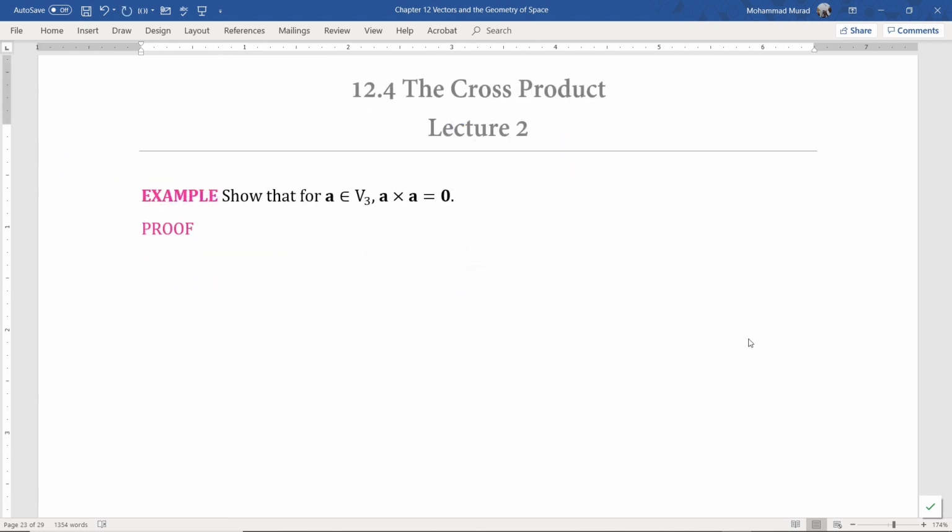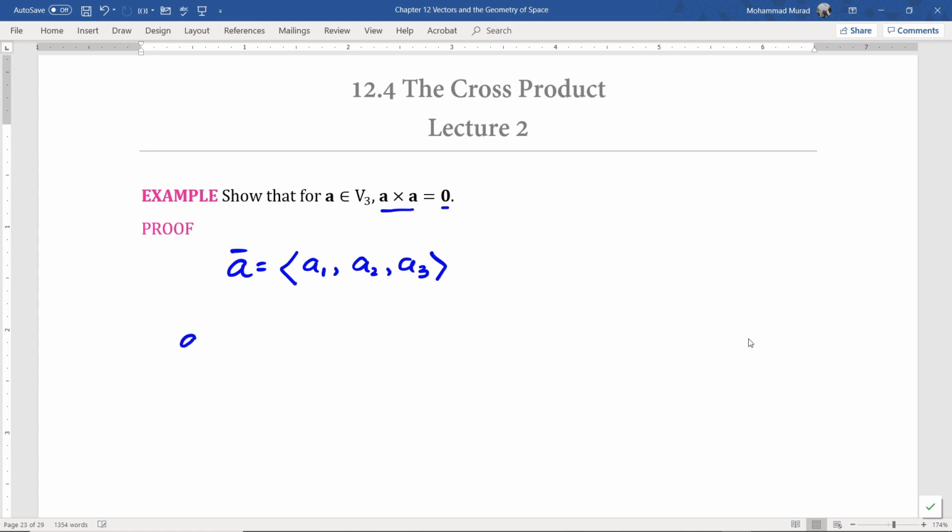Let's see another example. In this example, we want to show that the cross product of a vector with itself is the zero vector. And this is true for every vector with three components. Let's try to prove it. Suppose A is a vector with components A sub 1, A sub 2, and A sub 3.